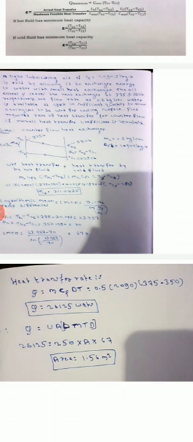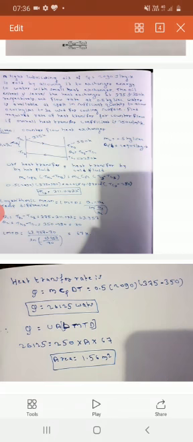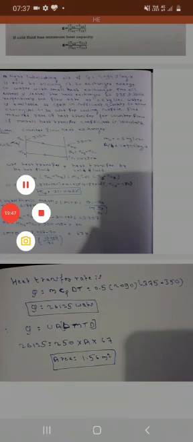Once we know the heat transfer, we can use the equation Q is equal to U into A into LMTD. We know Q is 26,125, U is 250 watt per meter square Kelvin, keep A, the area, as it is, into LMTD is 67. From this we can find the area is 1.56 meter square.